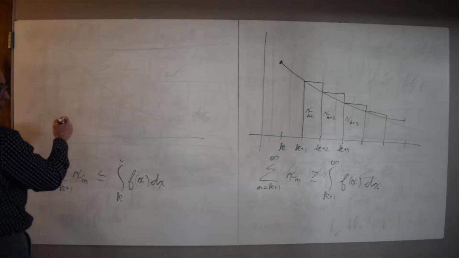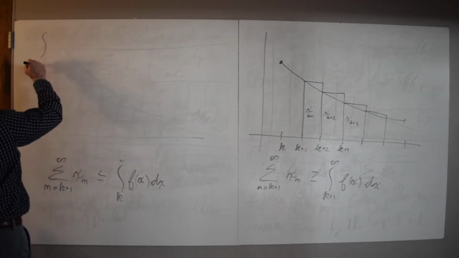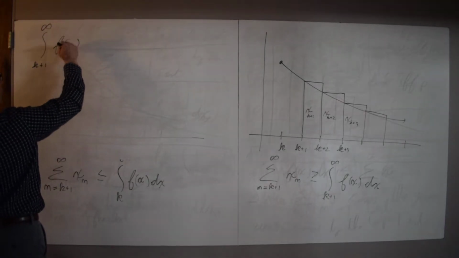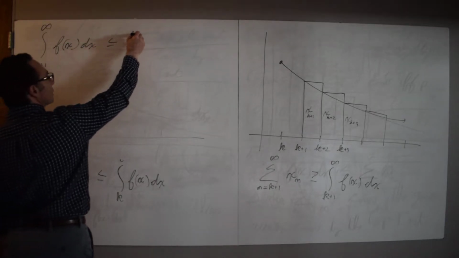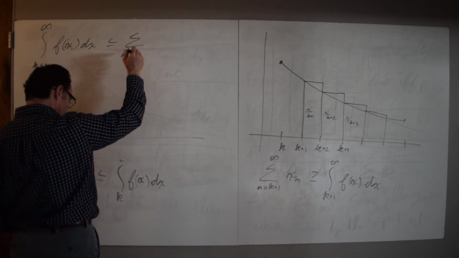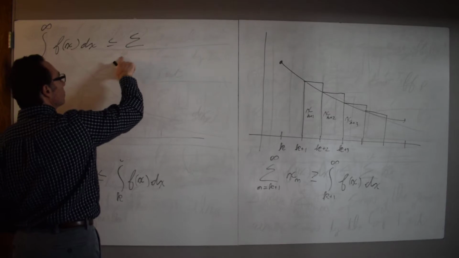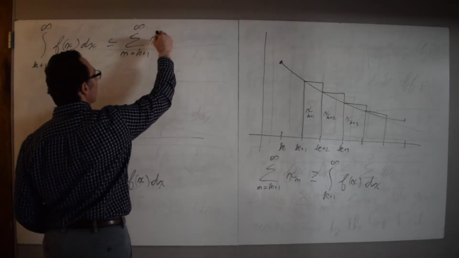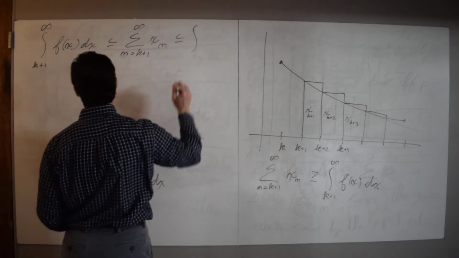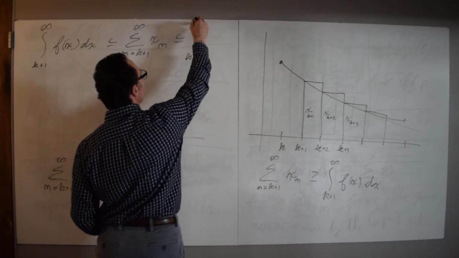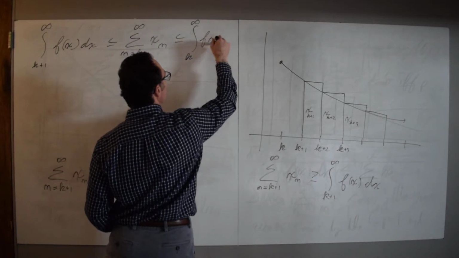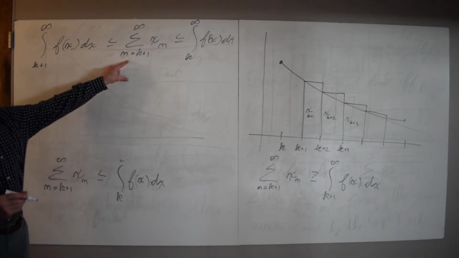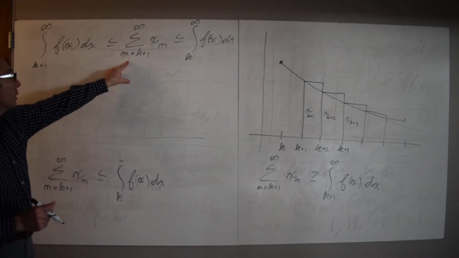So the integral from k plus 1 to infinity of f of x dx is less than or equal to the sum n equal k plus 1 to infinity of x_n, which is less than or equal to the integral from k to infinity of f of x dx. And this is the tail end of our series that we're interested in.